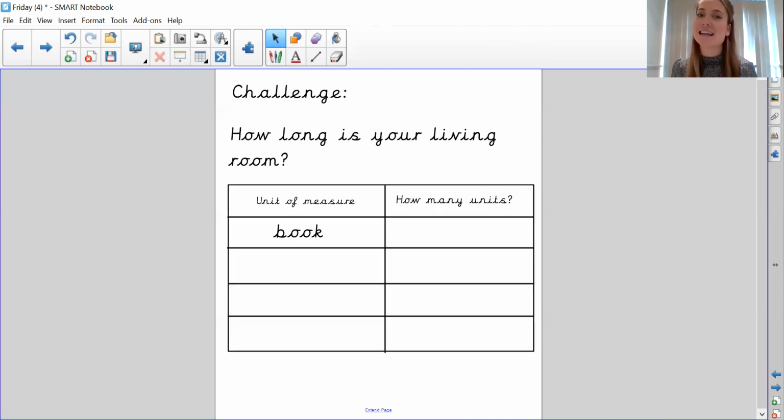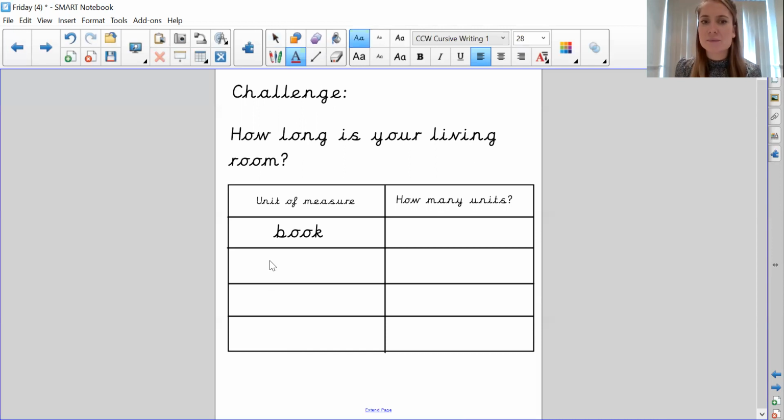And then our last challenge is, how long is your living room? So, for example, what you could do is you could measure how long your living room is using books. You've got to make sure the books are the same size. So I might use lots of different books. These books are the same size, so I might keep using those and seeing how long my living room is.